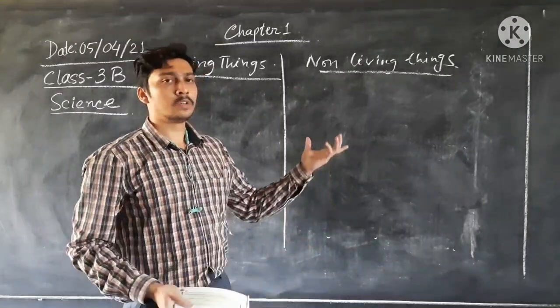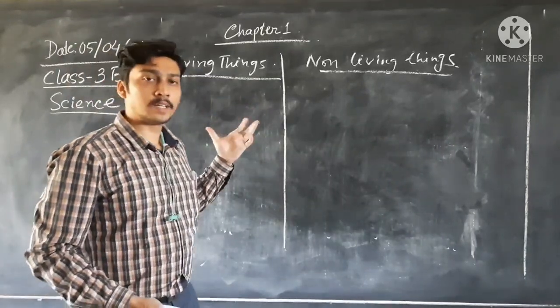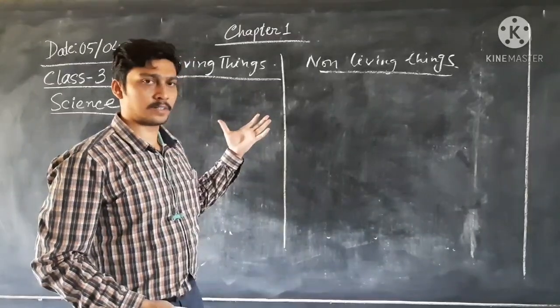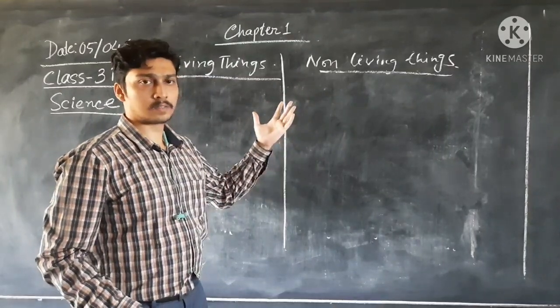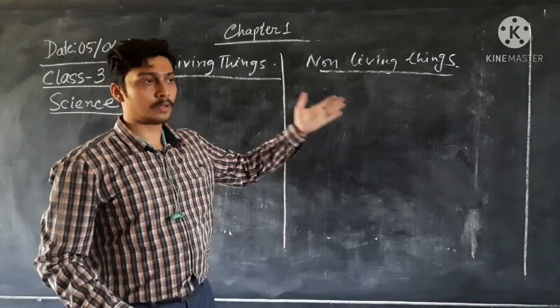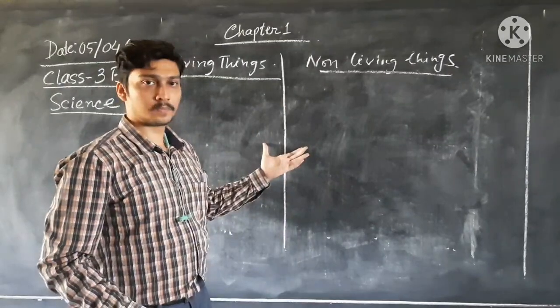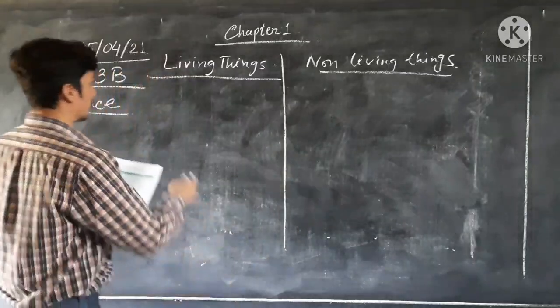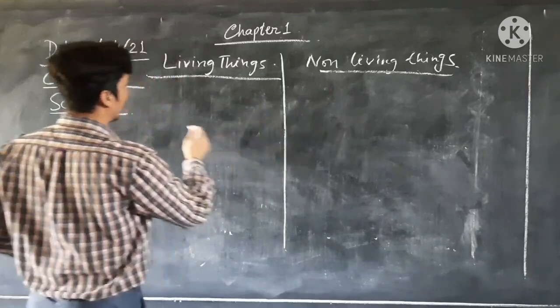If the mark is 2, then you have to answer with a minimum of 3 characteristics of non-living things and living things. If 4, then you have to give 4 characteristics. Okay.